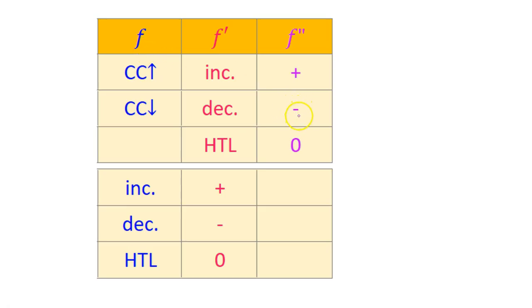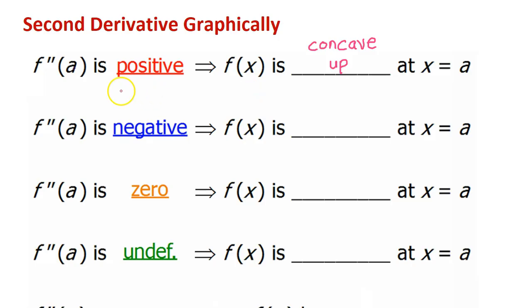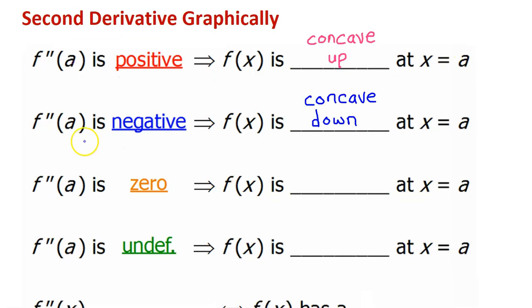According to our chart, wherever f double prime is positive, f will be concave up, and wherever f double prime is negative, f will be concave down. In other words, if f double prime at a is positive, then f of x is concave up at x equals a. If f double prime at a is negative, then f of x is concave down at x equals a.